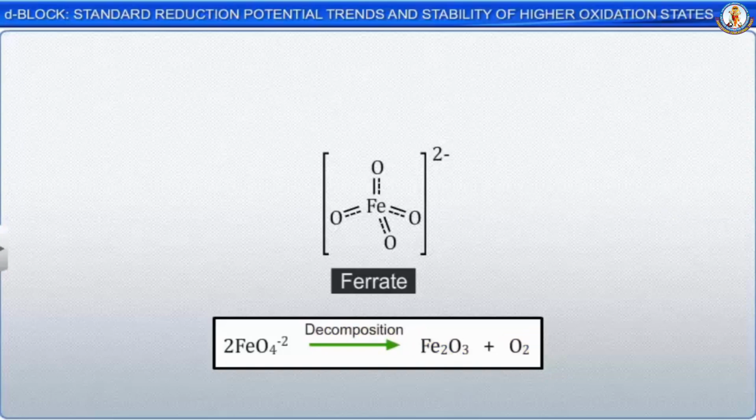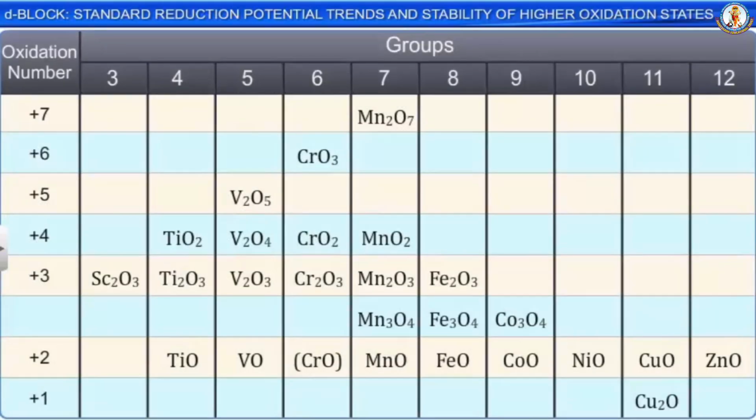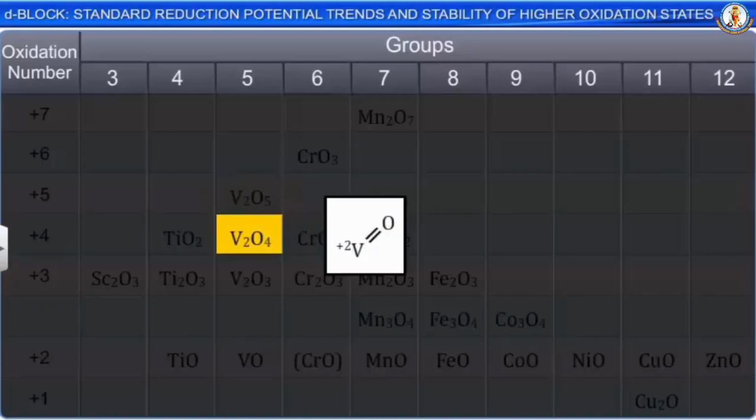Apart from oxides, oxygen also stabilizes higher oxidation states in the form of oxocations. For example, vanadium-5 is stabilized as dioxovanadium-5 ion, vanadium-4 as oxovanadium-4 ion, and titanium-4 as oxotitanium-4 ion.